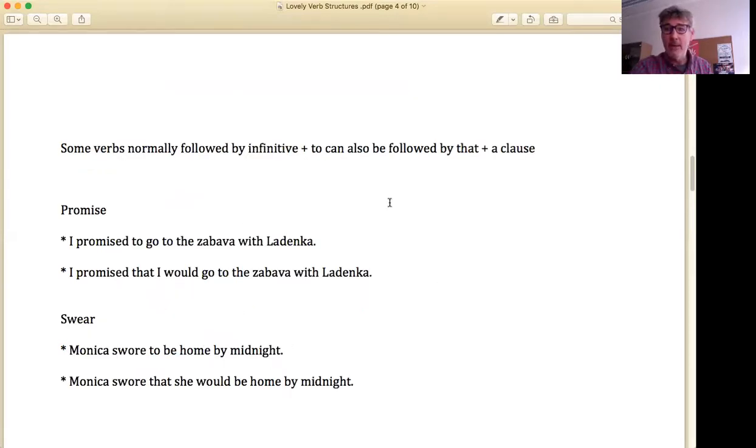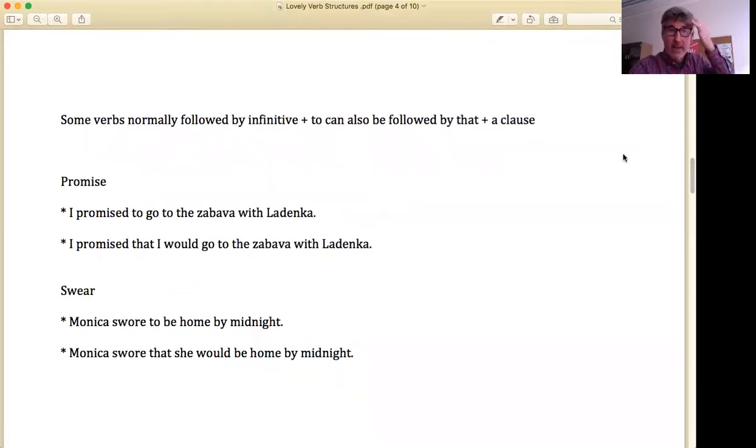And again, this is another thing that Vince talks about, that some verbs normally followed by an infinitive, where the second verb is an infinitive, can also be followed by a clause. Okay, and a clause is, like we've talked a little bit about, in our conditionals, we have an if clause and a main clause, and a clause is like an idea, but it's not a complete sentence.